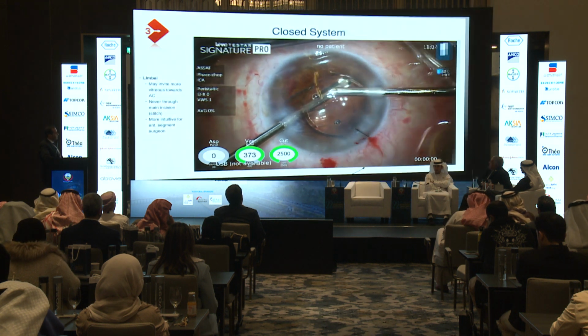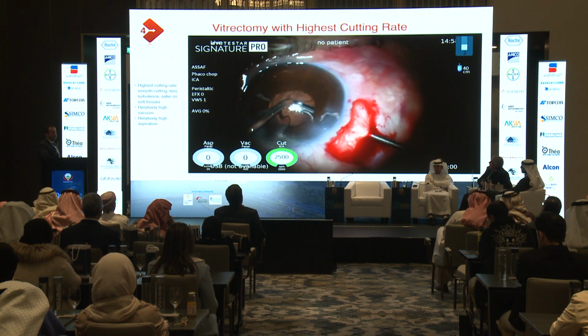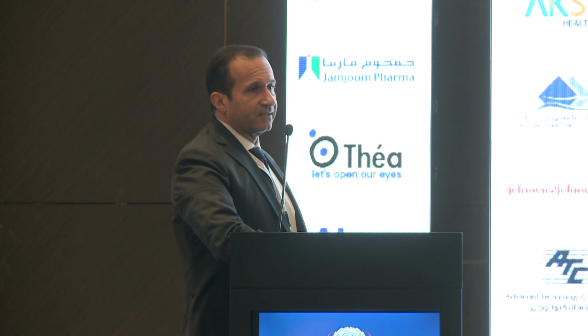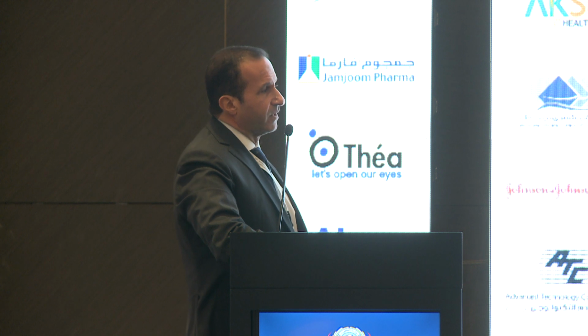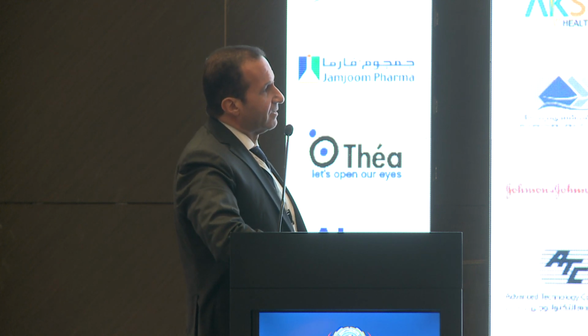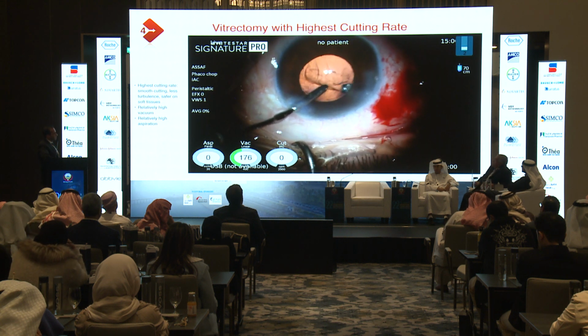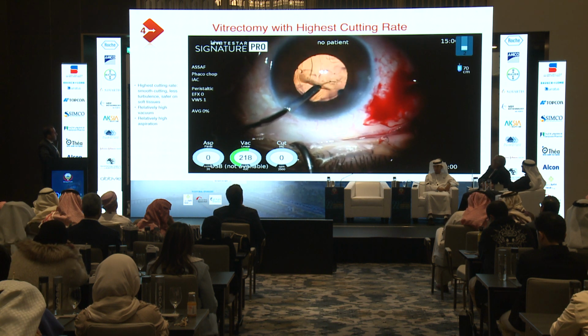Next slide, please. And pearl number 4 is, once you start vitrectomy, you have to use the highest cutting rate available with your phaco platform. It differs according to the phaco platform, but the rule of thumb is to start with the highest cutting rate because this ensures smooth vitrectomy for the vitreous prolapse inside the anterior chamber.